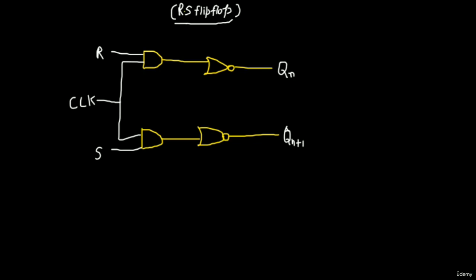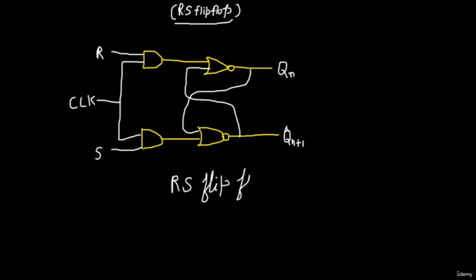And as we know there is a feedback path that we can get to the input of it. So this is all of it. This is our RS flip-flop circuit.